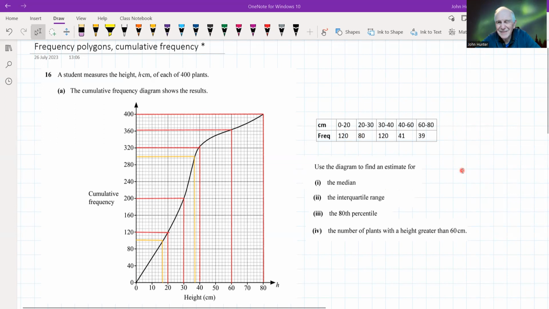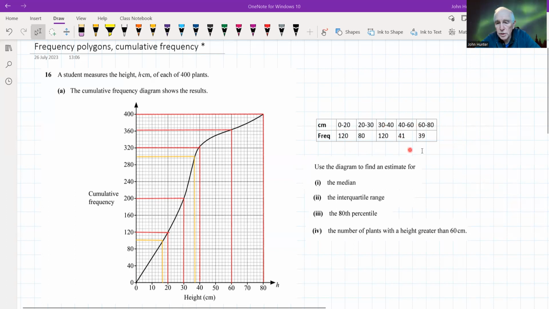Now, we can assume that the original data is lost to us. All we're working on is this summary of the data, which has basically listed the frequencies by the class intervals. So these are the class intervals here.